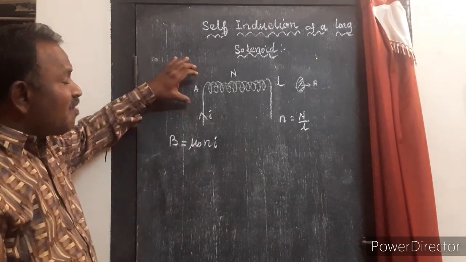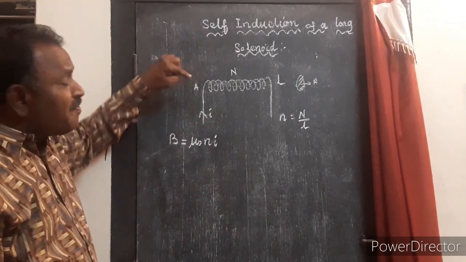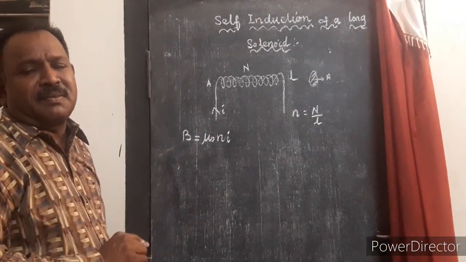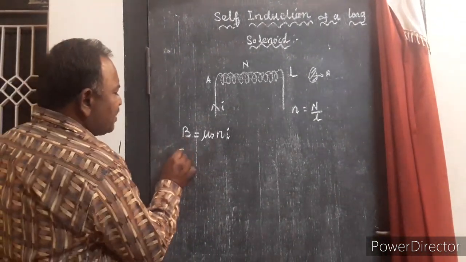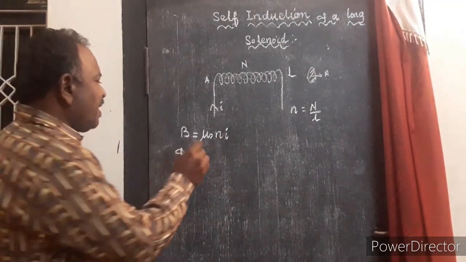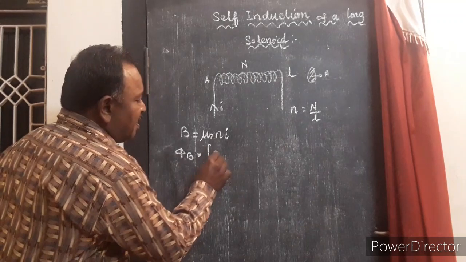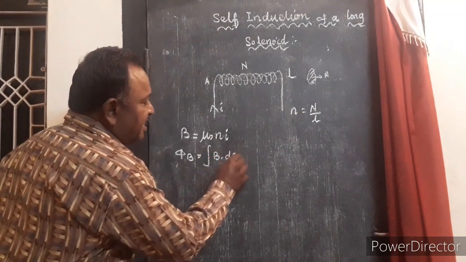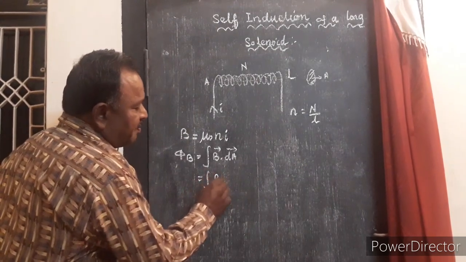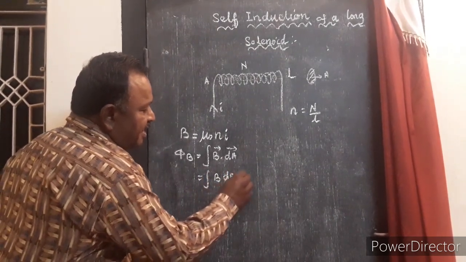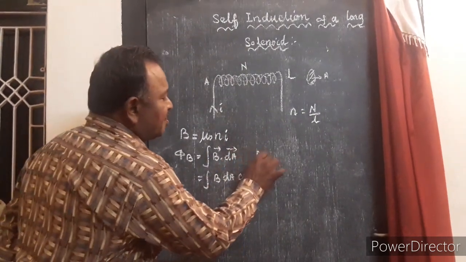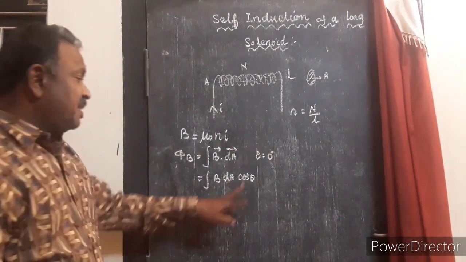Because of the uniform magnetic field, magnetic flux is linked with every turn of the solenoid. So the magnetic flux linked with one turn of the solenoid is given by integral B dot dA, that is equal to integral B dA cos theta. Here theta is 0 degrees. What is theta here?